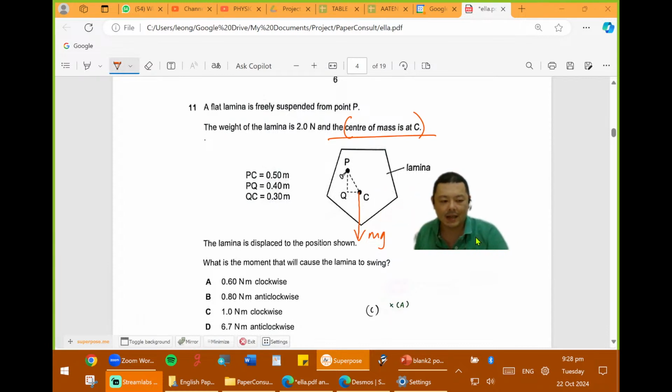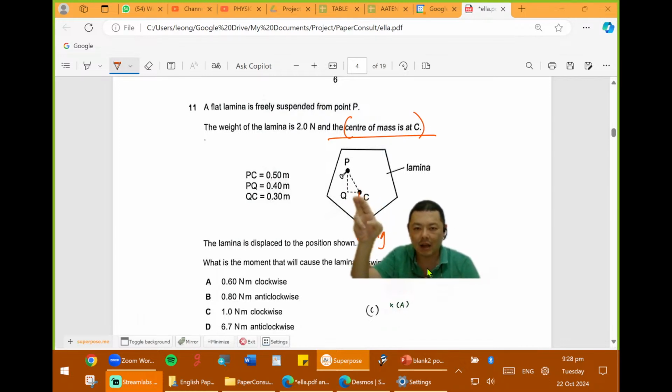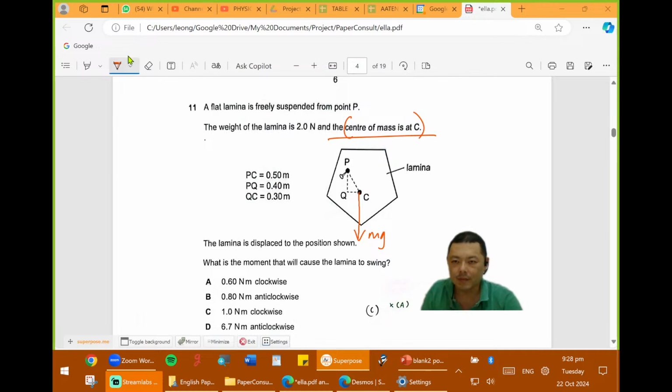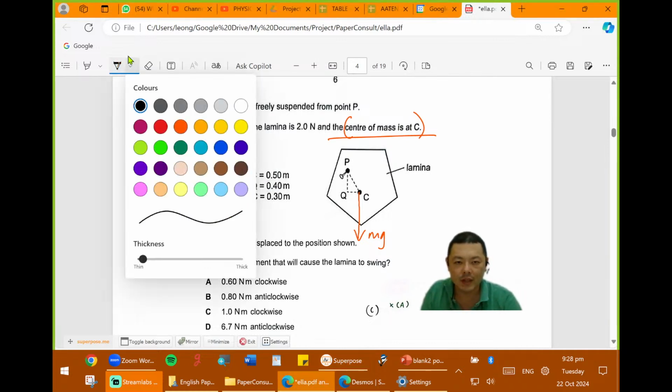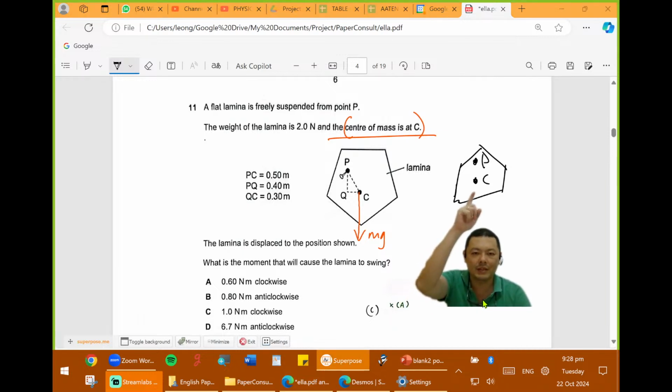Where you can see that the center of gravity is not directly below P. I mean, if you didn't displace it, then it probably looks something like this. Sorry, I know I'm massacring it, but the center of gravity should be directly below.